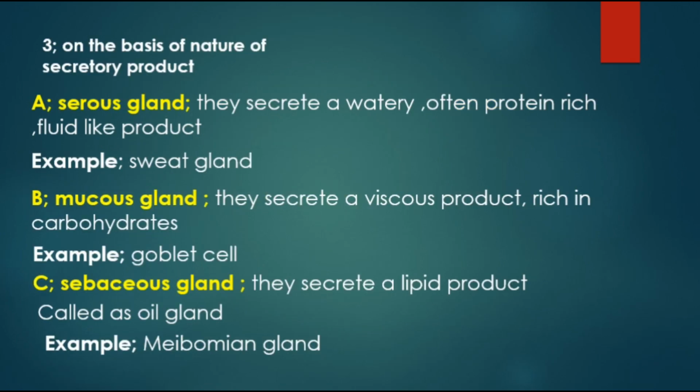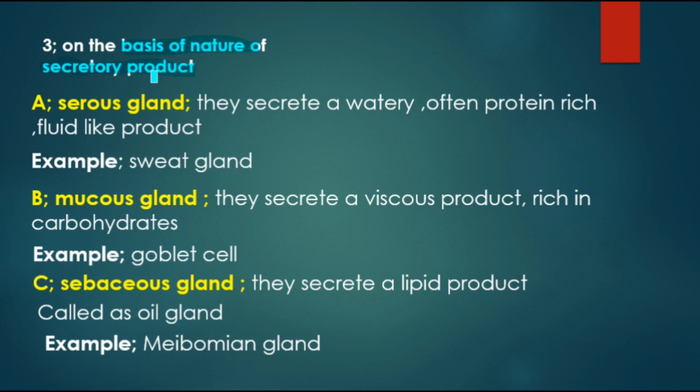Now the third classification of glands is on the basis of the nature of the secretory product. These glands secrete or synthesize specialized products, so they depend on their product.